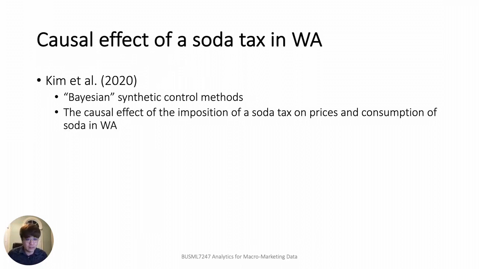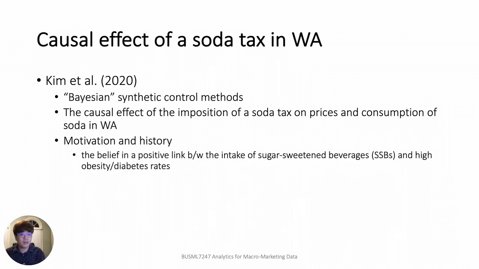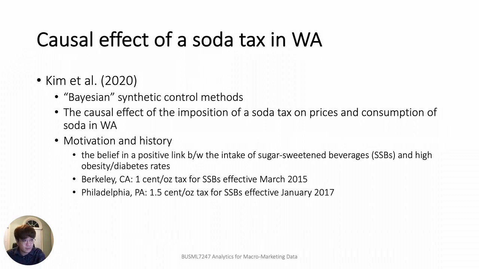For your better understanding, let me talk about the background to the soda tax. Based on various studies, it was suspected that the intake of sugar-sweetened beverages causes high obesity and diabetes rates. So, Berkeley and Philadelphia passed the imposition of a new tax for sugar-sweetened beverages.